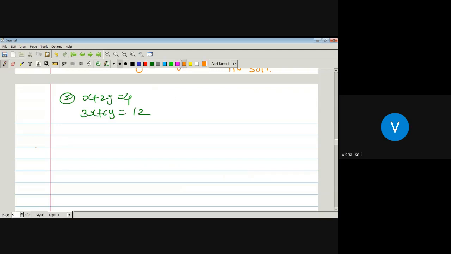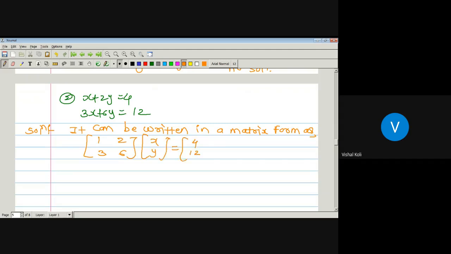Okay, so the solution can be written in a matrix form as 1, 2, 3, 6 times X, where X is nothing but x, y, and matrix B is nothing but 4, 12.